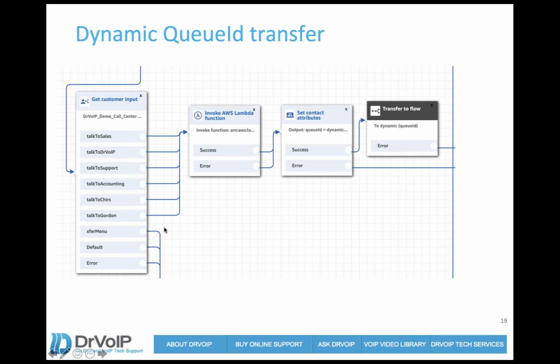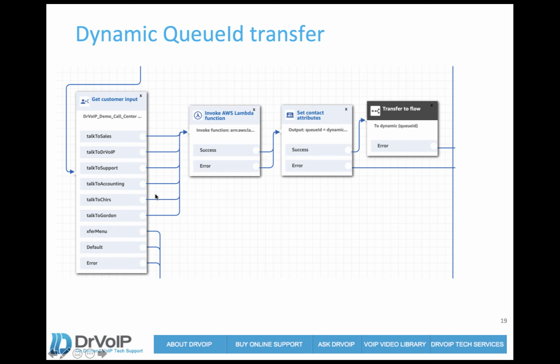So here it is, the same subset, right? We're still getting the customer input, and 1 for sales, and 2 for this, and 3 for that, and 4 for that, and so forth. But what's different here is all of the outputs are connected to the same transfer to flow. How is that accomplished?